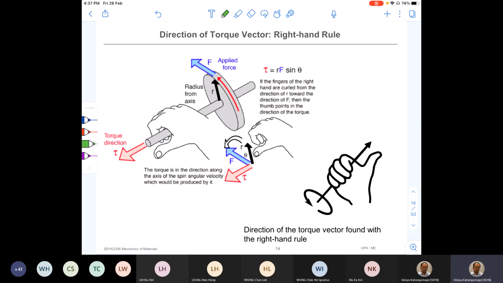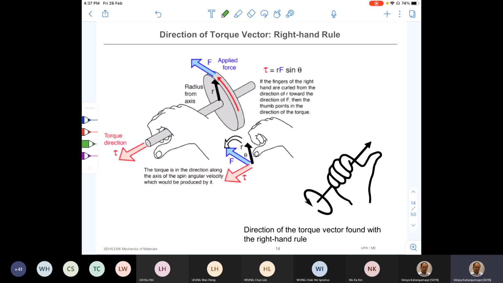There, the moments we talked about were just moments, not twisting moments, not torques. But under torsion, we are talking about moments that are twisting moments.